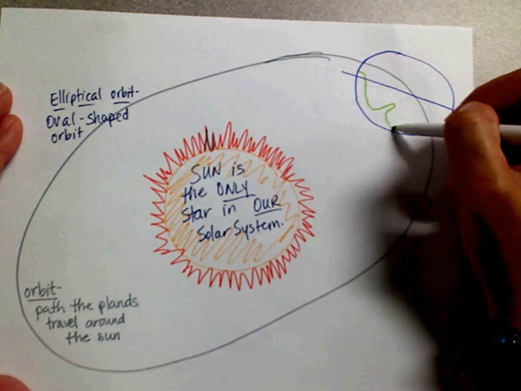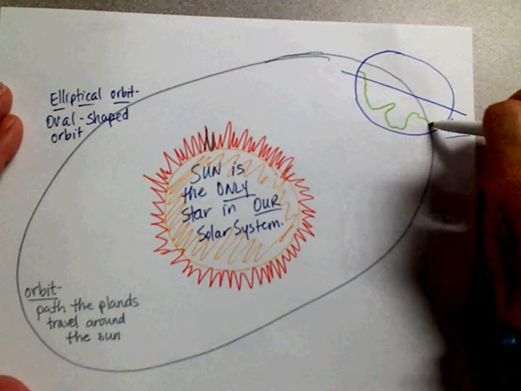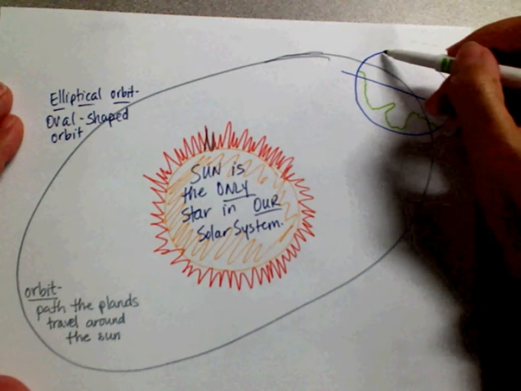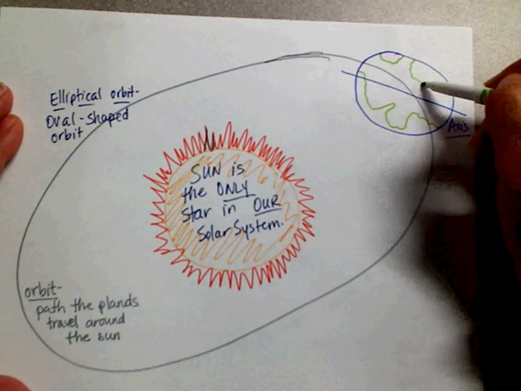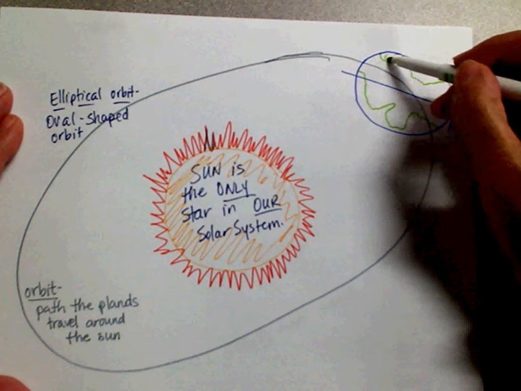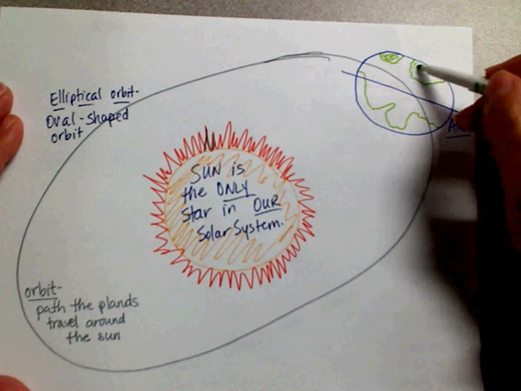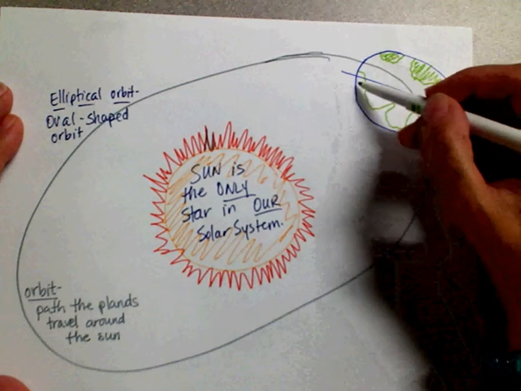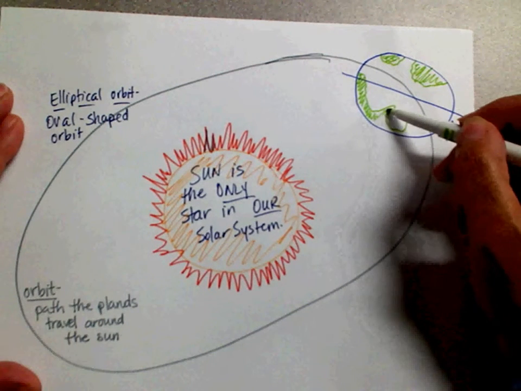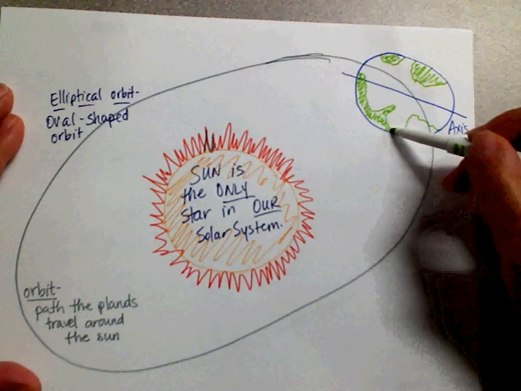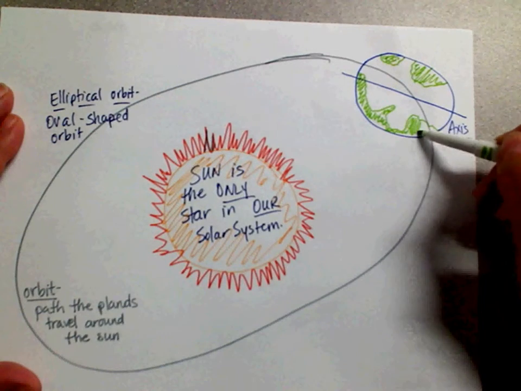So, they do all this traveling around the sun on an elliptical orbit. Okay? And our Earth travels on an axis, but all the planets rotate, remember? Even the sun rotates. Good job. It also orbits around our galaxy, which is called what again?